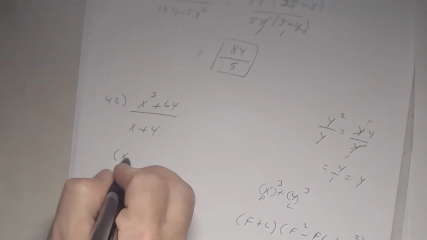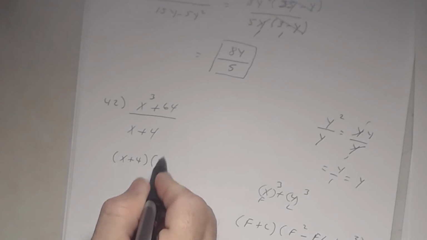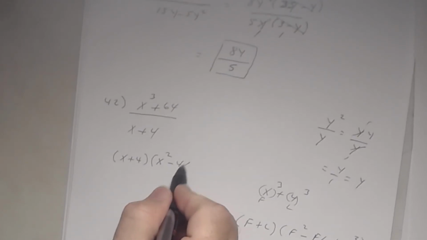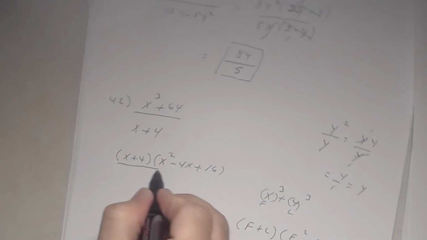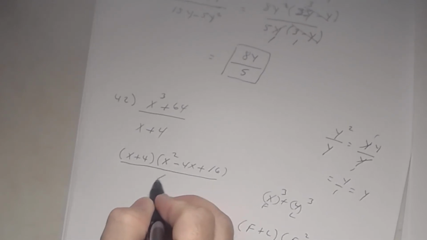X plus 4 times, all right, when I square, I got to square x, and what do I get? X squared, minus the product of F and L, 4x, plus 4 squared, 16, right? All divided by x plus 4.